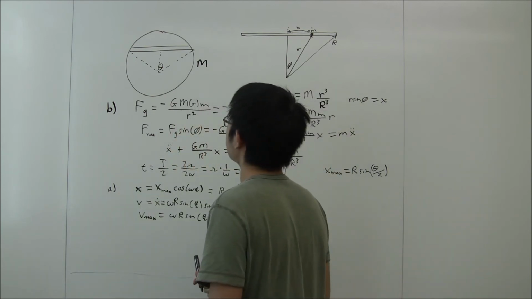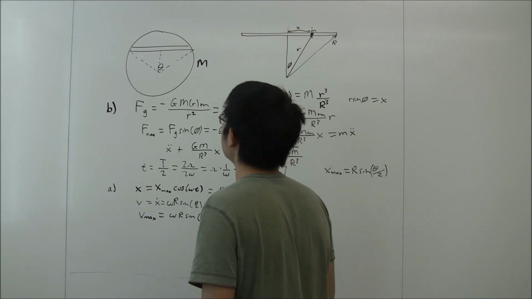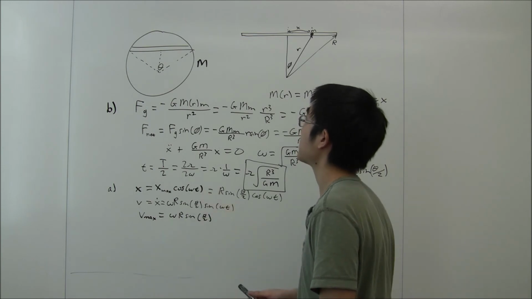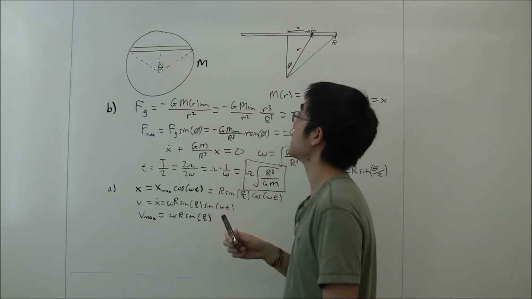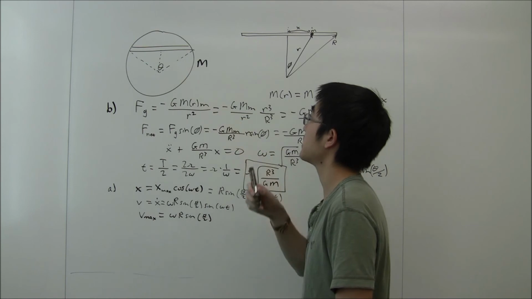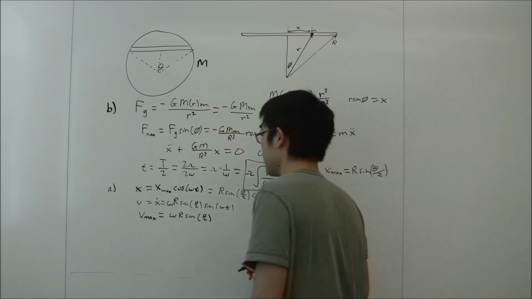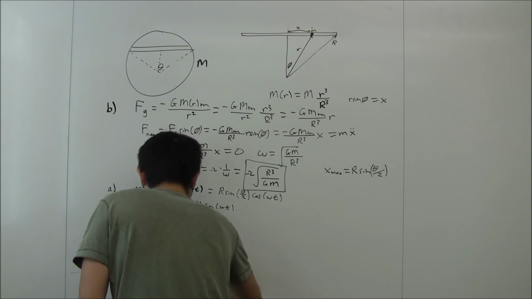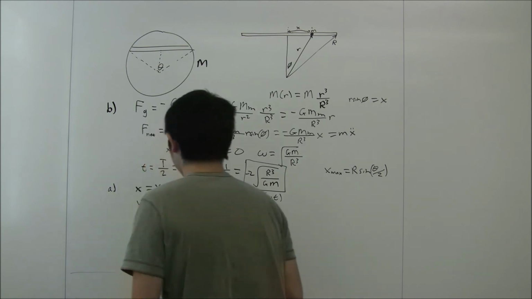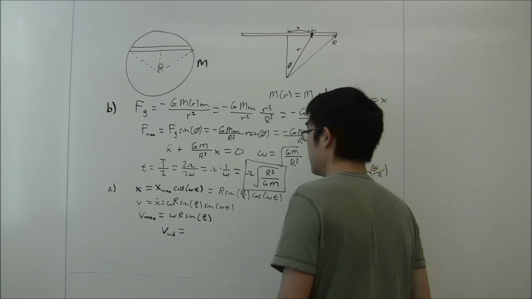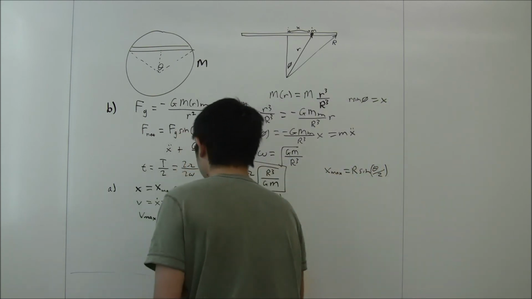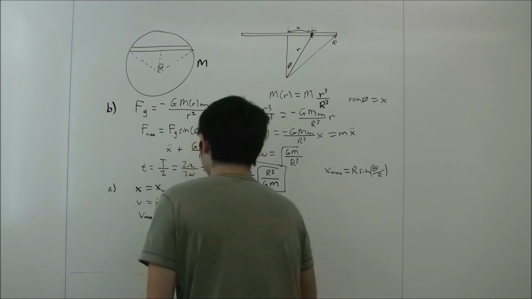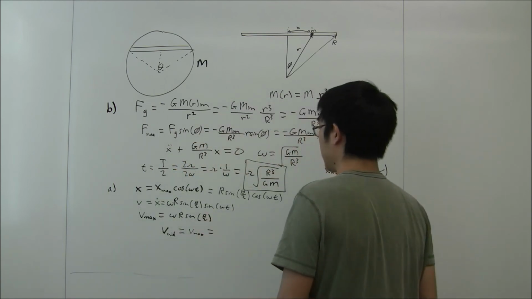And since the astronaut is moving in simple harmonic motion, the maximum speed of the astronaut occurs when the astronaut passes through the middle of the tunnel, which means that the speed v at the middle of the tunnel is going to be equal to v max, which is equal to omega r sine theta over 2.